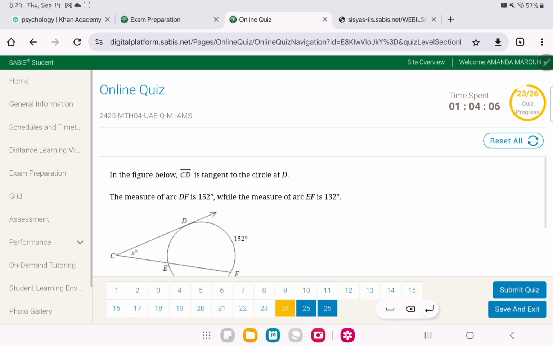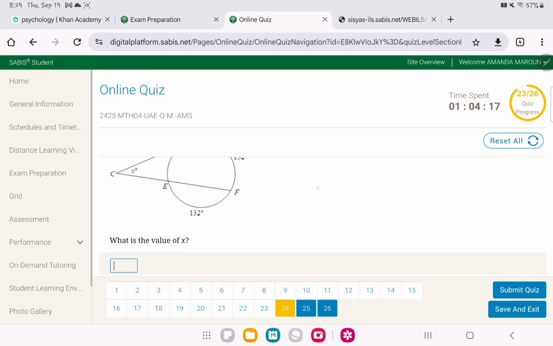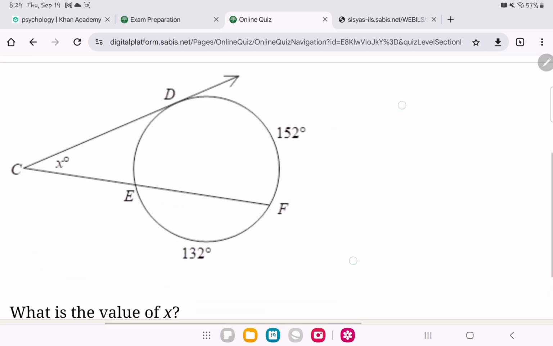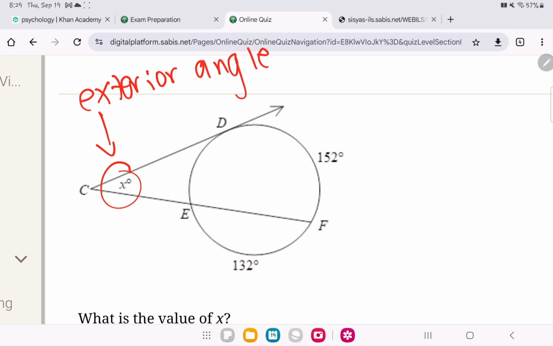Question number 24. In the figure below, CD is a tangent to the circle D. They're telling us the measure of arc F is 152. They need to find the measure of X. Okay, this may seem hard, but it's very, very simple. We said anytime we are finding an exterior angle, what do we do?